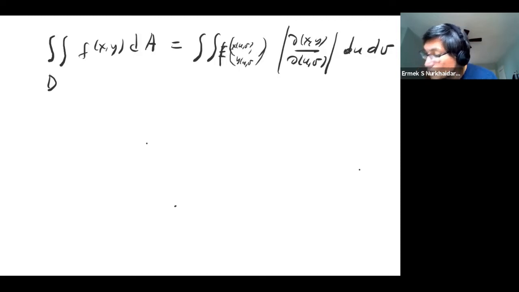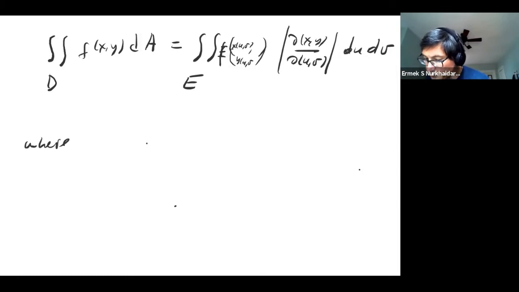So do u substitution: express x in terms of u and v, express y in terms of u and v. Okay, and that's the new region. That's an image of your original region.